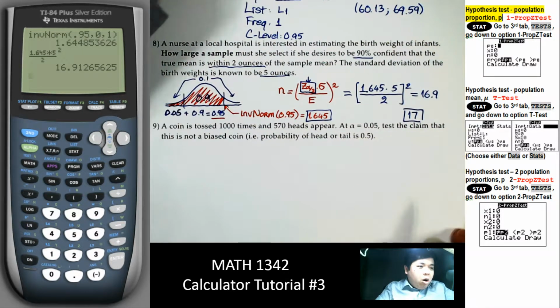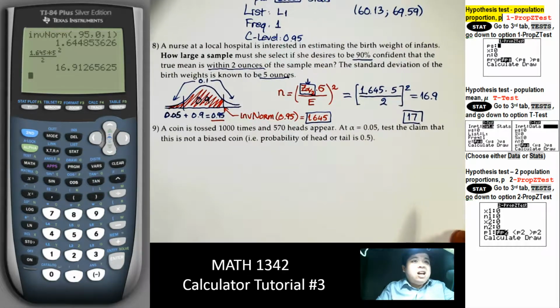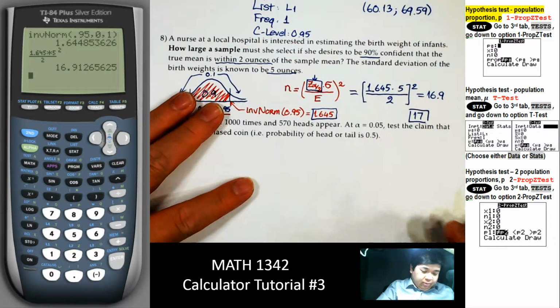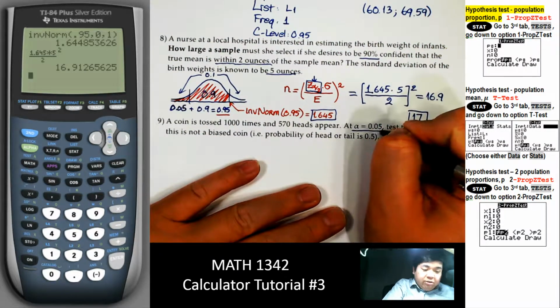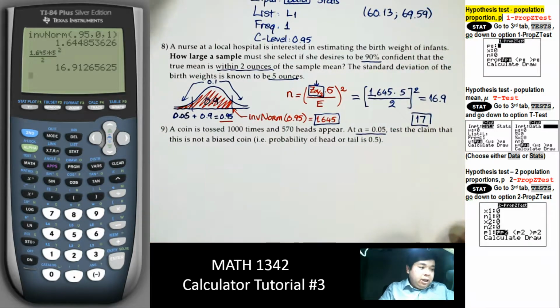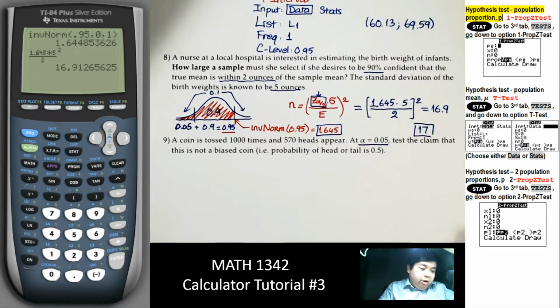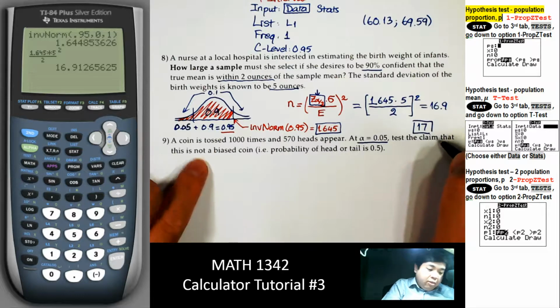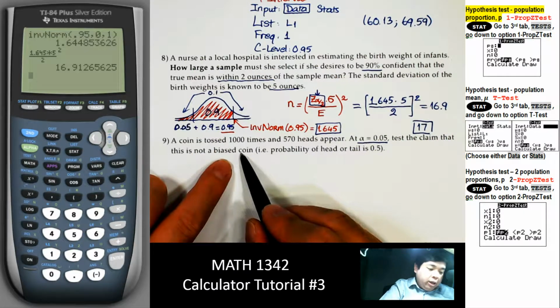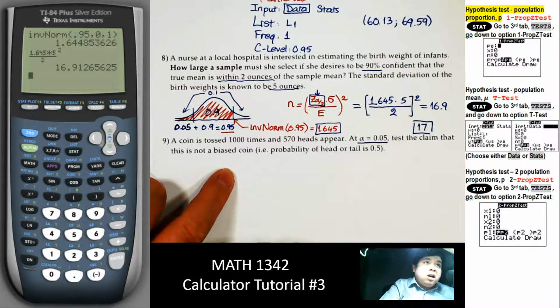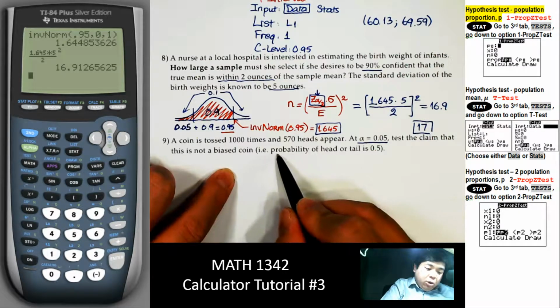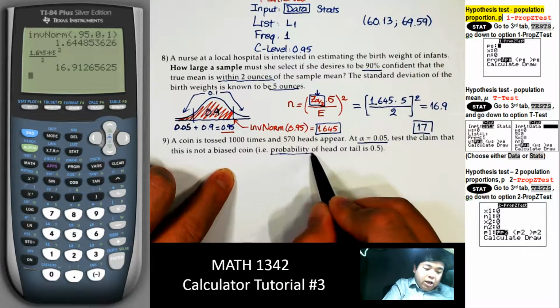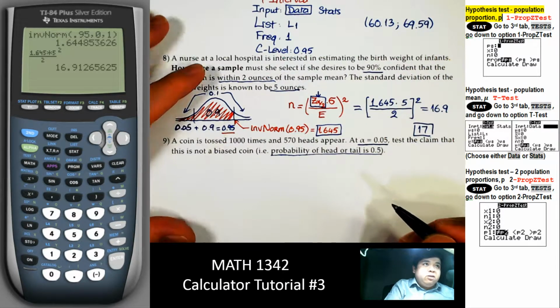Usually the problem that has hypothesis testing, we see that alpha is given. Alpha is 0.05. Test the claim that the coin is not biased. Not biased meaning the probability of head or tail equal to 0.5.